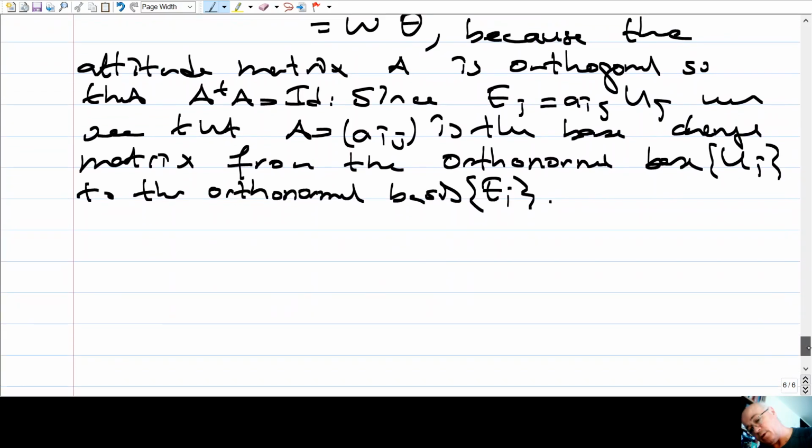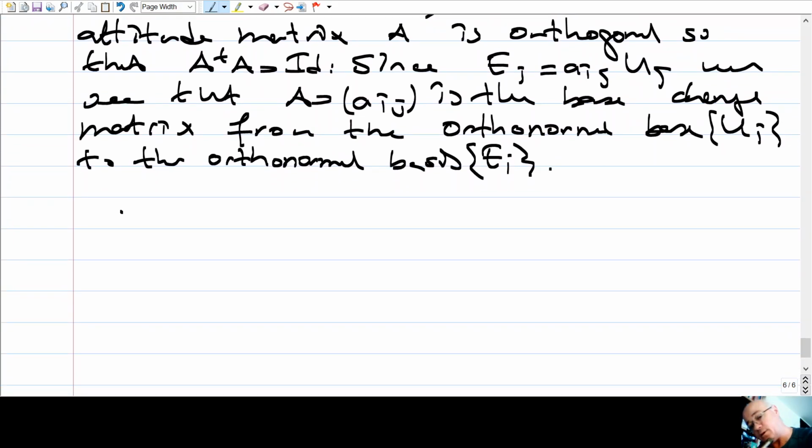Okay. For the second one, we proceed as follows. Well, d omega is d of dA times A transpose, because omega was this.